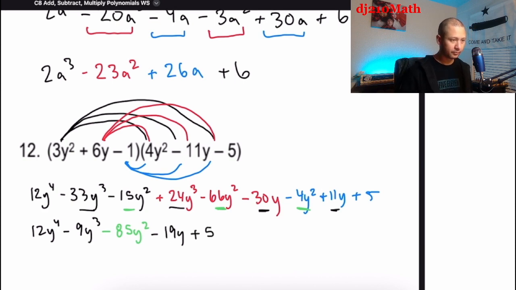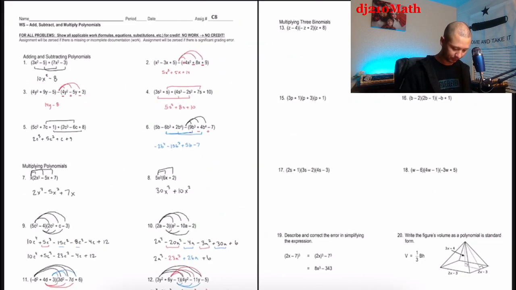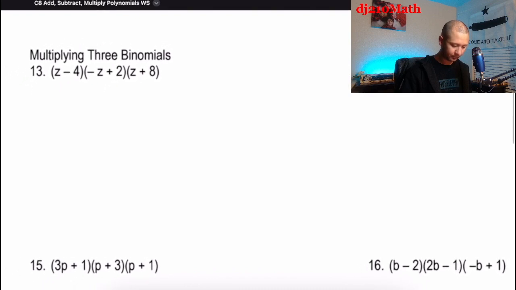Okay, the first page. Now multiplying 3 binomials. All right, so you're going to do FOIL for any two, and then times the third. So these are pretty straightforward. Doesn't matter which ones you do first.